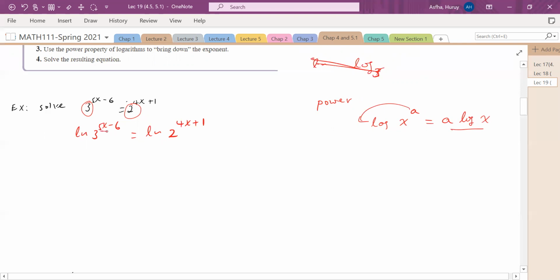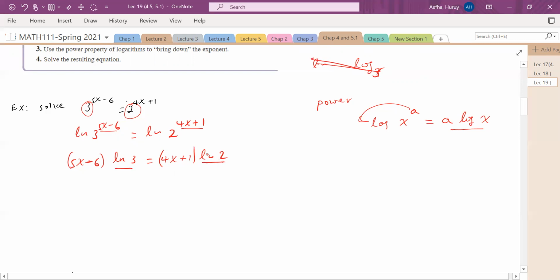Here we have the exponents, so I can use the power property to bring them down. So we have 5x minus 6 times ln 3, and similarly 4x plus 1 times ln 2.